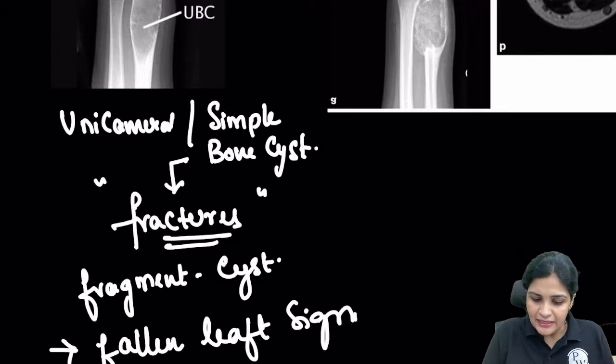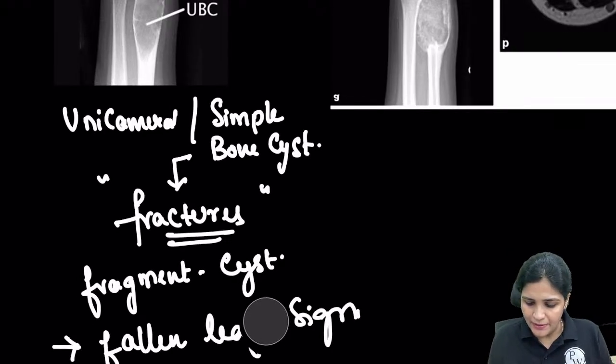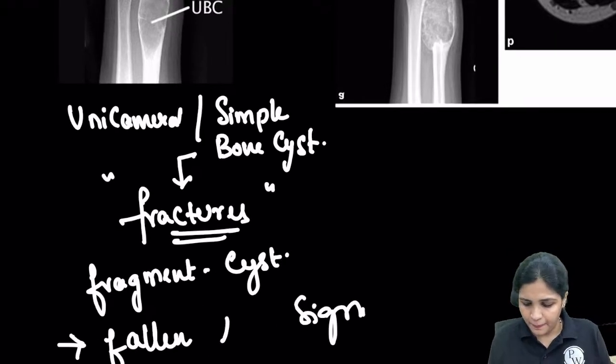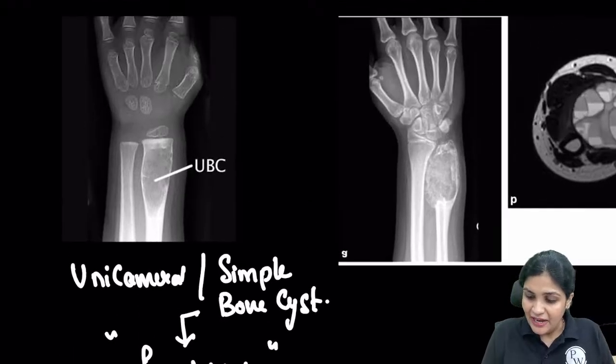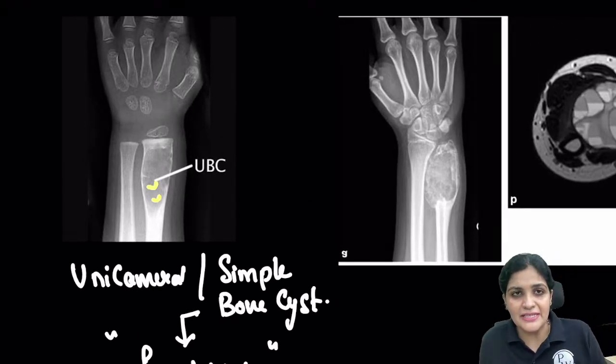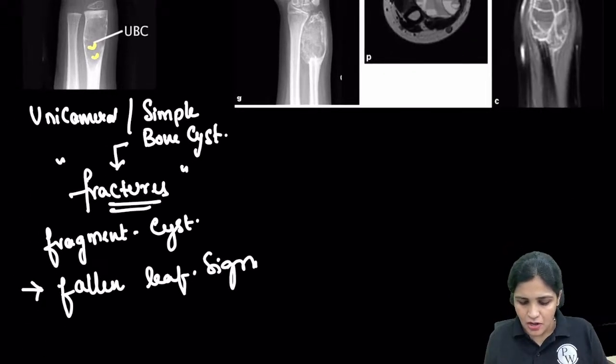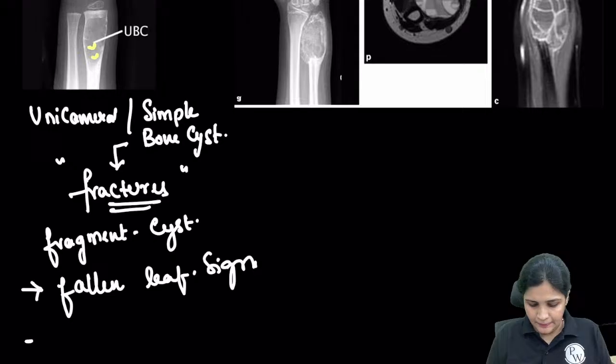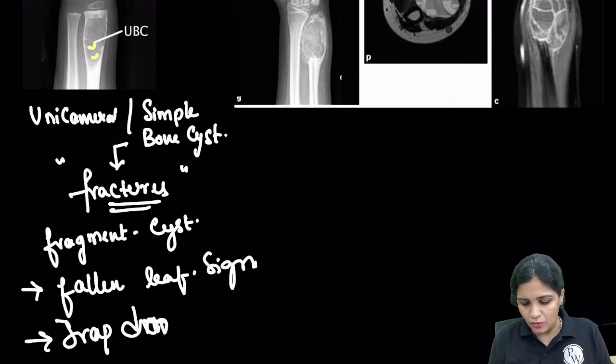So whenever there is a fracture, you see there is a small fragment in the cyst cavity. This is called a fallen leaf sign, or a trap door sign.